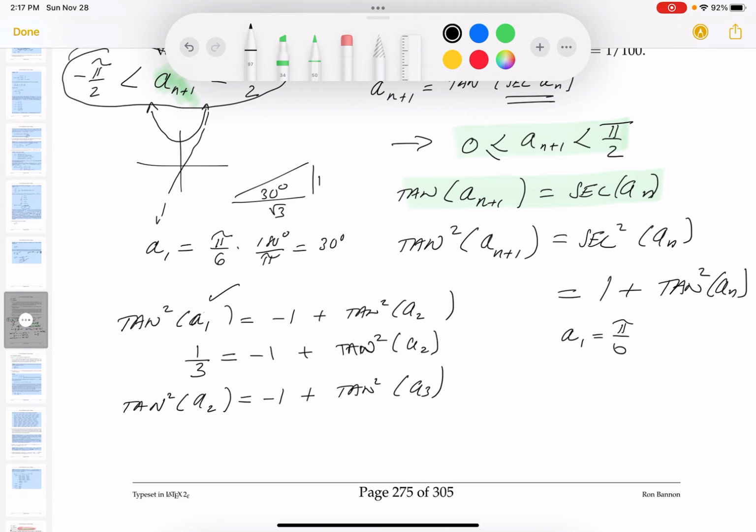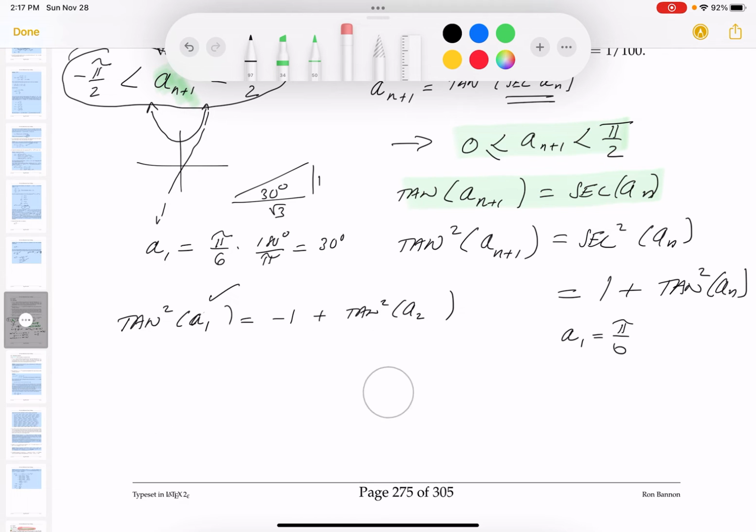I'm not going to put the numbers down yet. I'm going to erase this over here. I don't think I need to do that. Let me erase this too. I'll do the numbers later. The tangent squared A2 would equal, by the way, if you wonder what I'm doing over here, let's see.